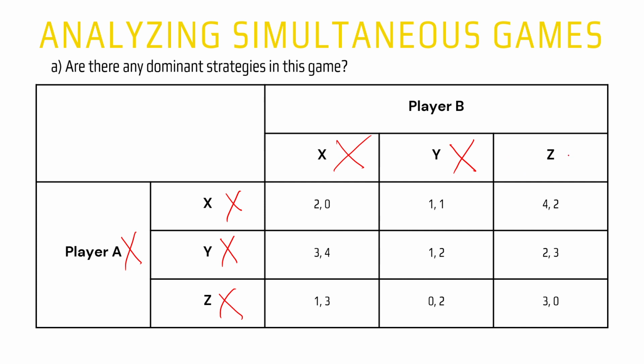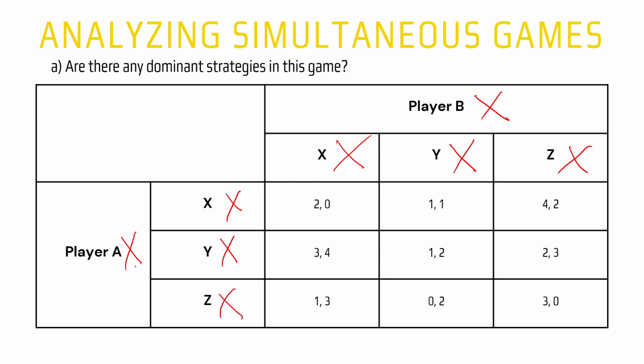Lastly, strategy Z. 2 is the dominant one here since 2 is greater than 1 and greater than 0. However, 3 is being dominated by 4. So strategy Z is not a dominant strategy. Therefore, player B also does not have a dominant strategy.